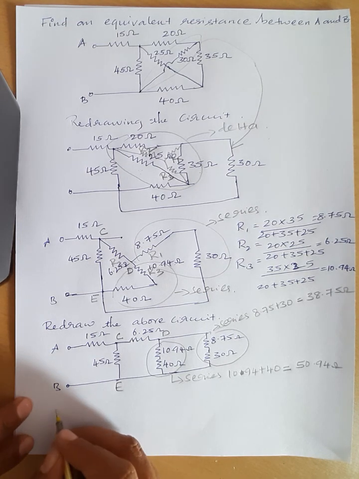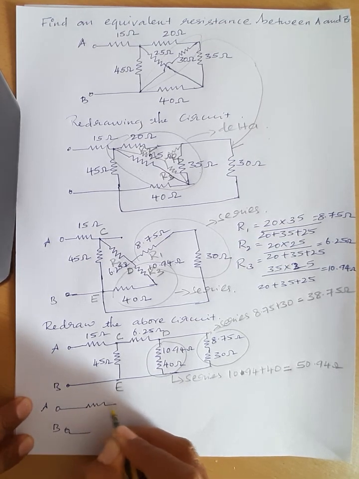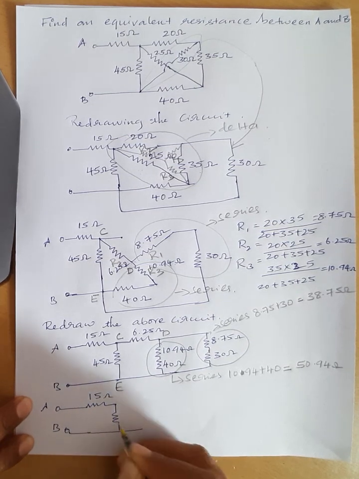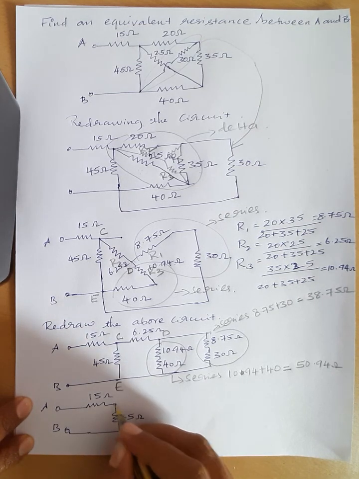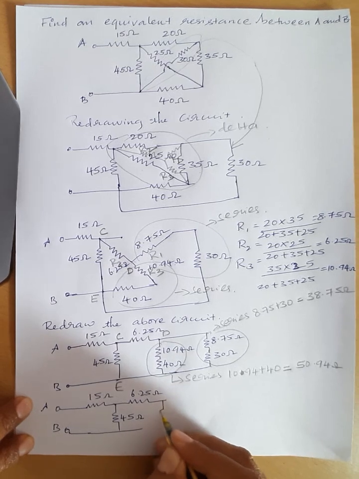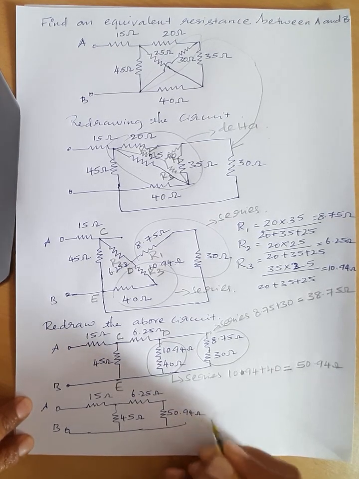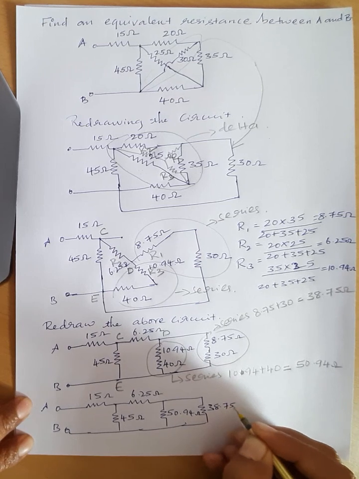After reducing the series combination, you will write the remaining circuit: 15 ohms, 45 ohms, 6.25 ohms, 50.94 ohms, and 38.75 ohms.